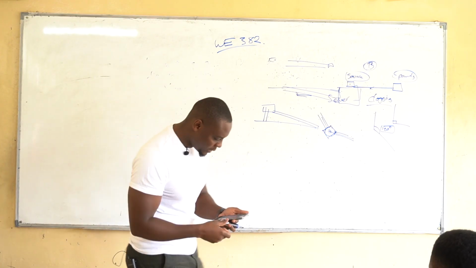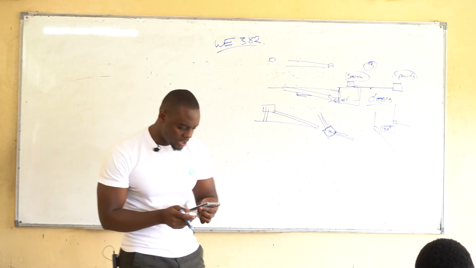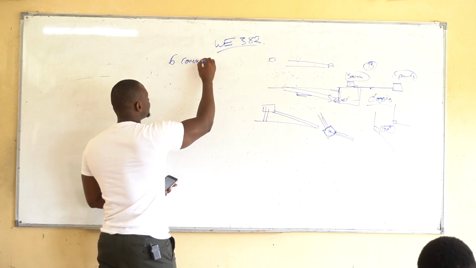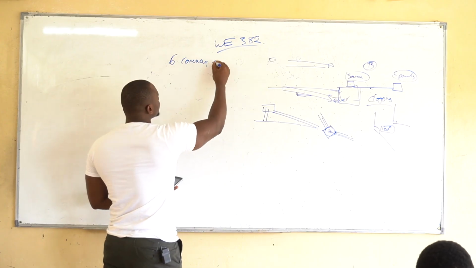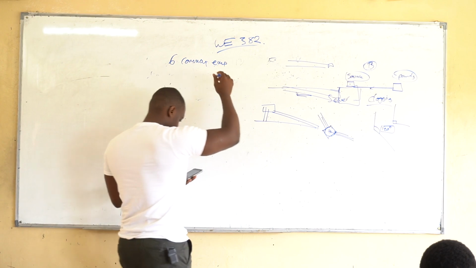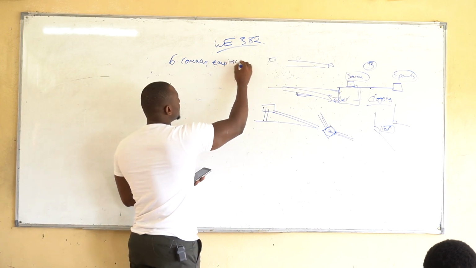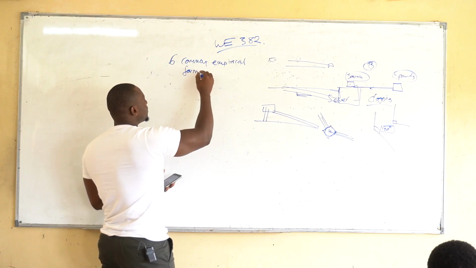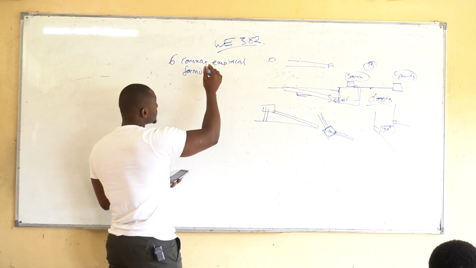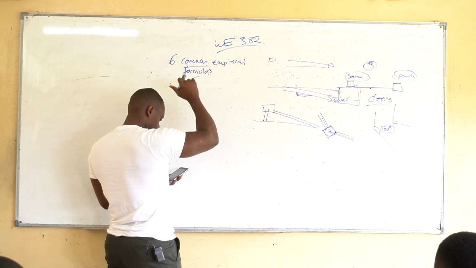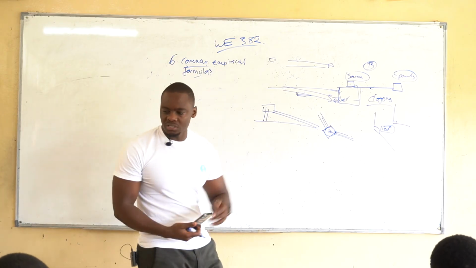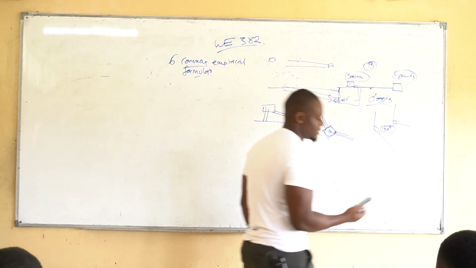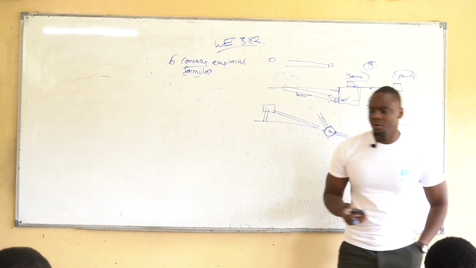So let's talk about the empirical formulas. Six common empirical formulas in the design of sewers. So you can just add that on.